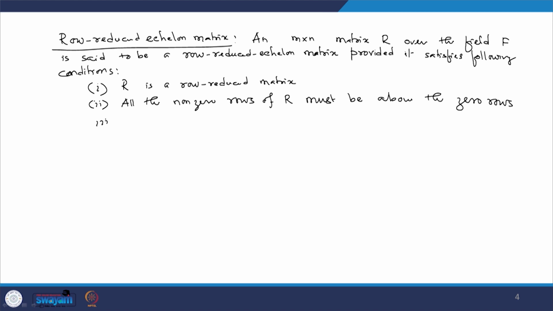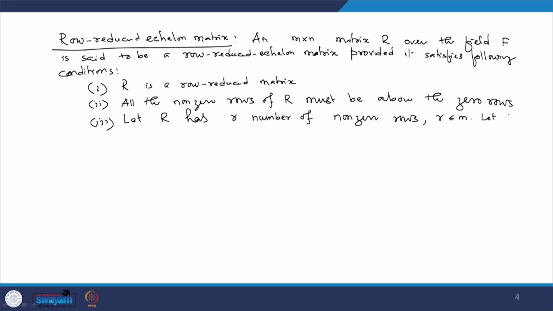Third one, let R have small r number of non-zero rows. So, certainly r is less than or equal to M.